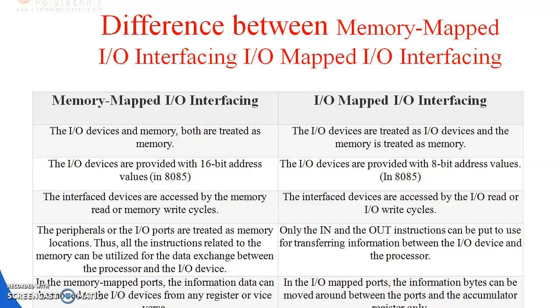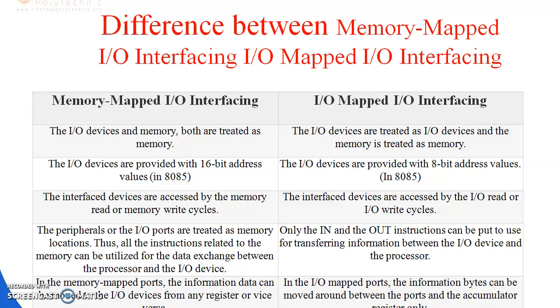In memory mapped I/O interfacing, the I/O devices are provided with 16-bit address values in 8085. But in I/O mapped I/O interfacing, the I/O devices are provided with 8-bit address values in the 8085 microprocessor.